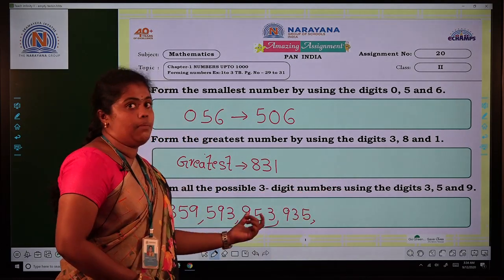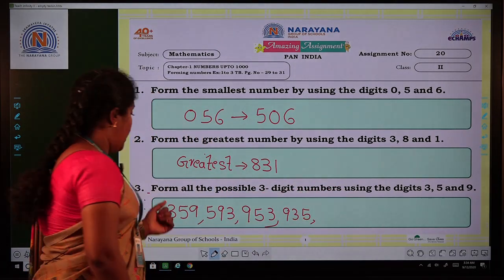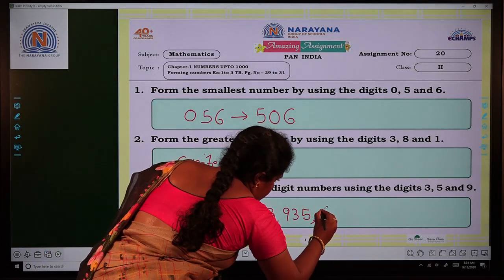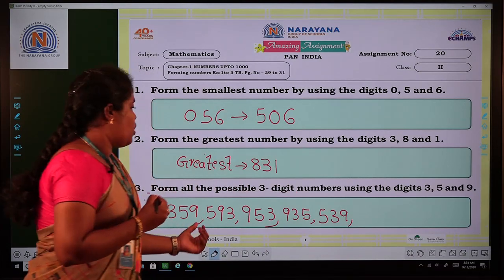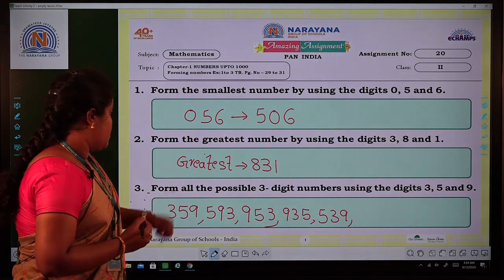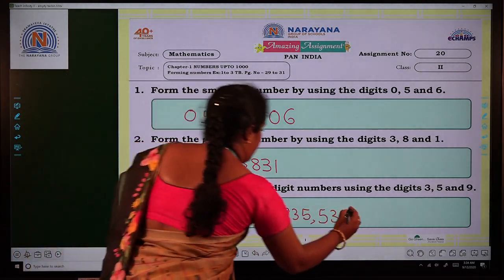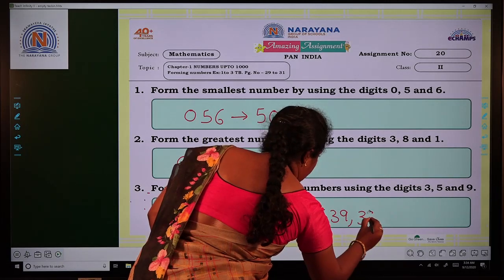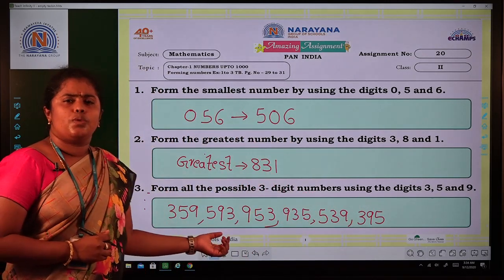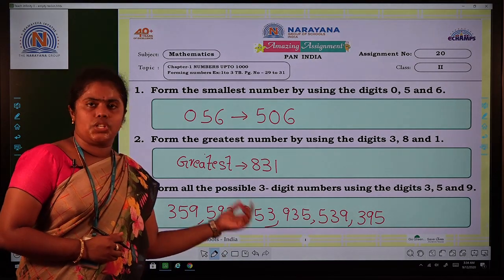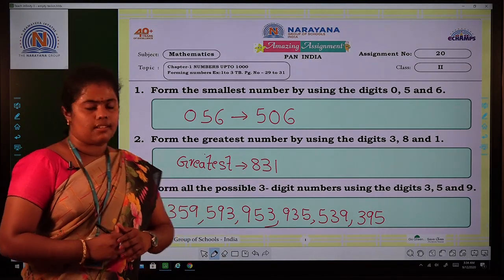We are not repeating the same number. 935 and 539. See, we are not repeating the digit. Next, 395. Yes, these are the possible ways to write the 3-digit numbers by using those digits.